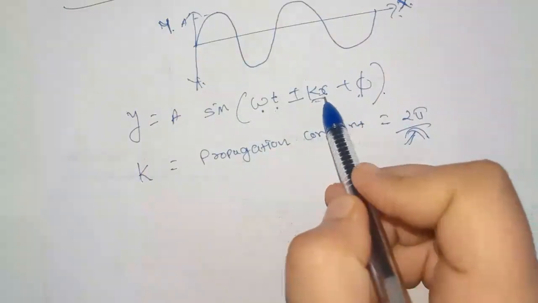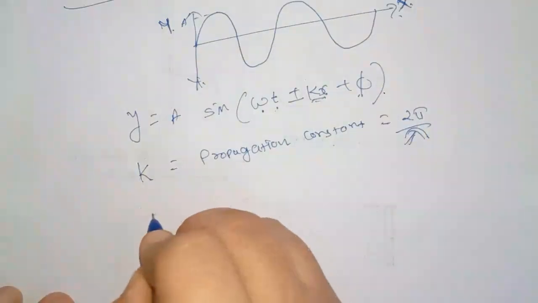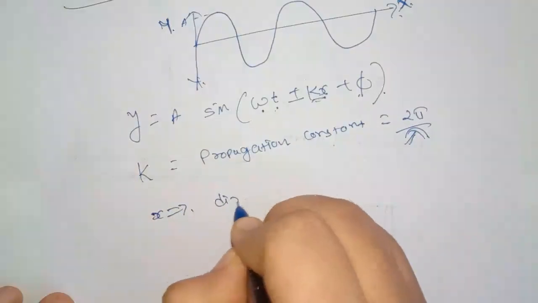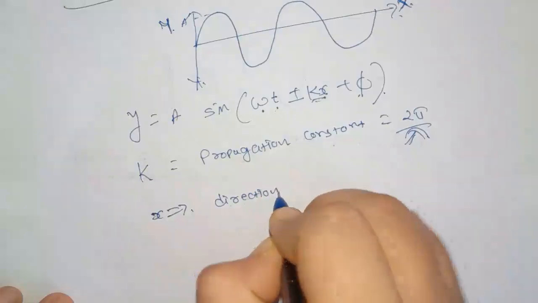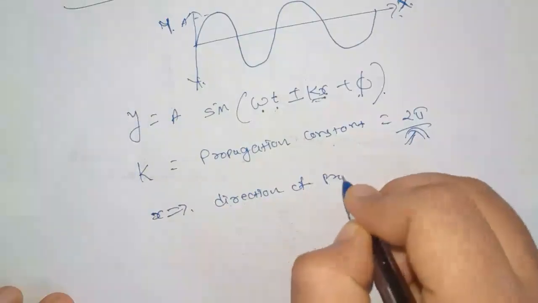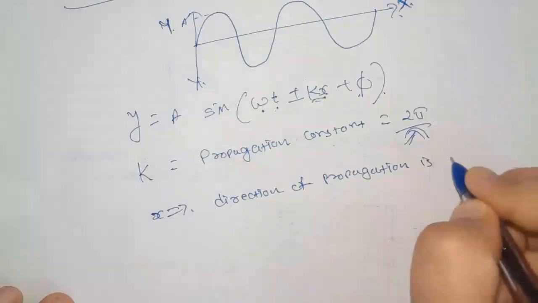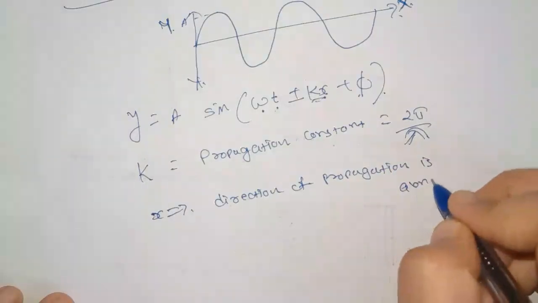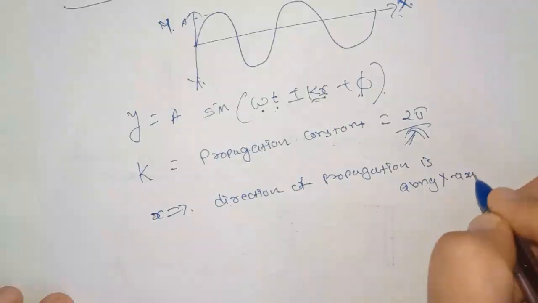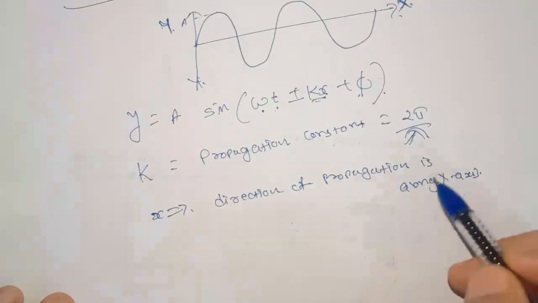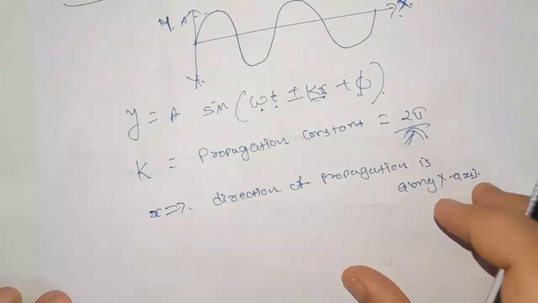This x shows that the direction of propagation is along the x-axis. Now, is it the positive x-axis or the negative x-axis?